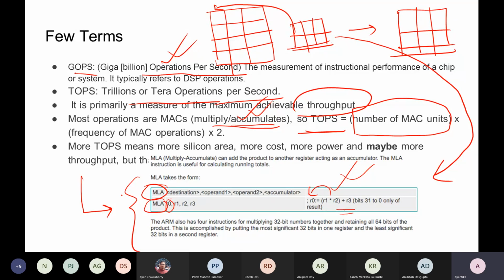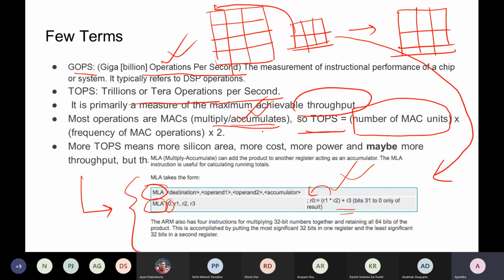So that's why we have taken this example of multiply and accumulate, because this is very meaningful for our case. The key idea is that if you have some support from your processor, the type of operation you are trying to execute gets directly mapped to an instruction, and the instruction does everything for you.